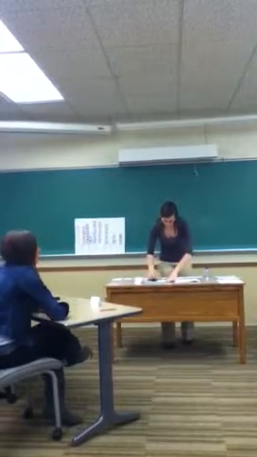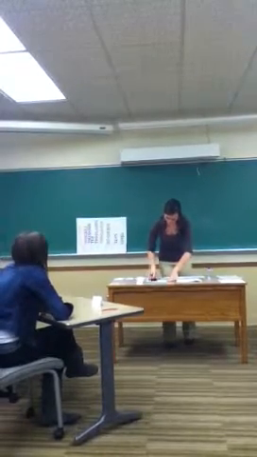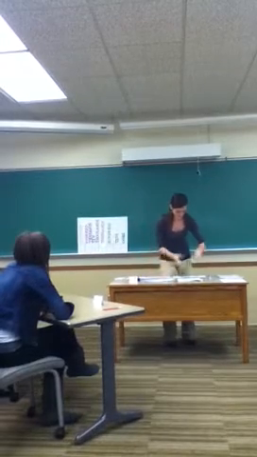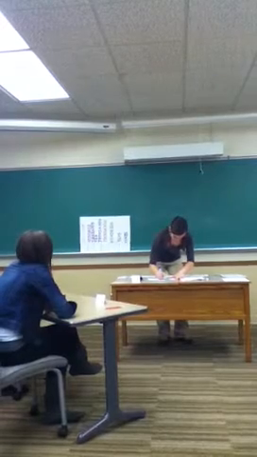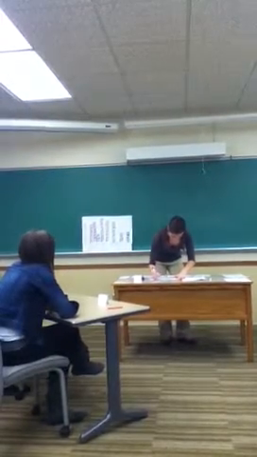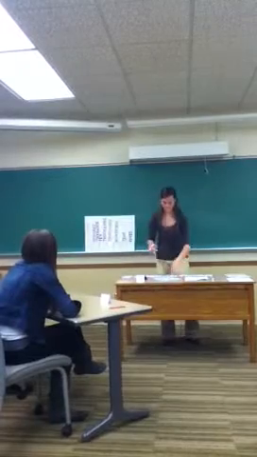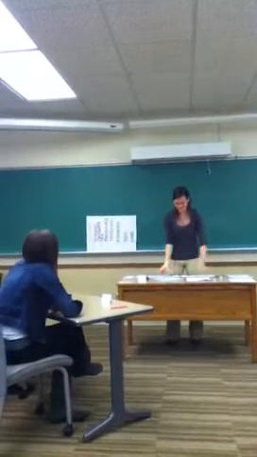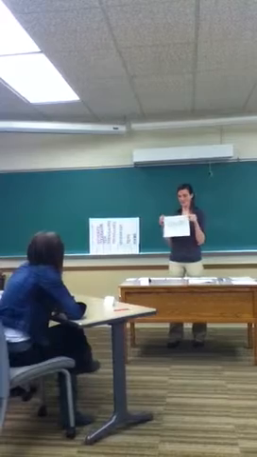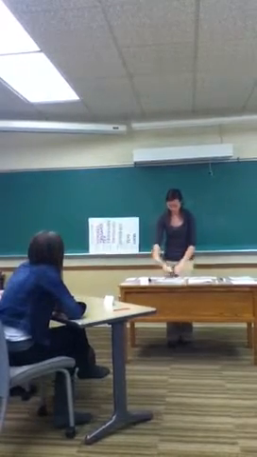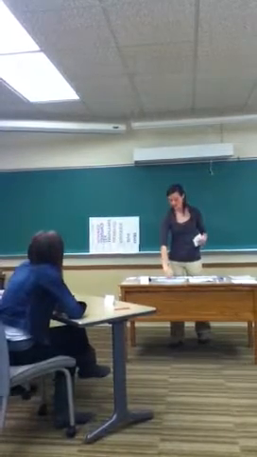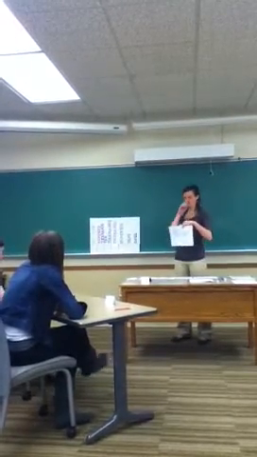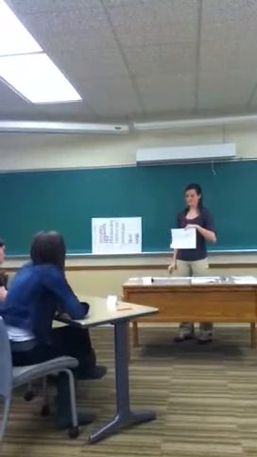Okay, so now we'll use the number 562,987. That's a big number. That is a very big number. Okay, so for that number, where's the 5 going to go on the place value chart? 100,000.